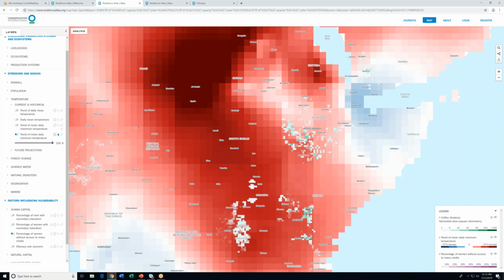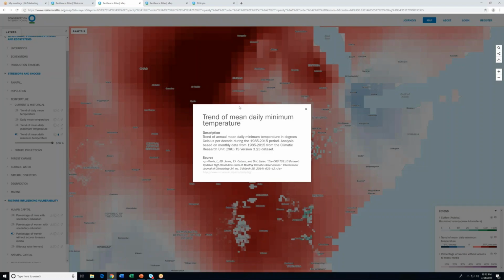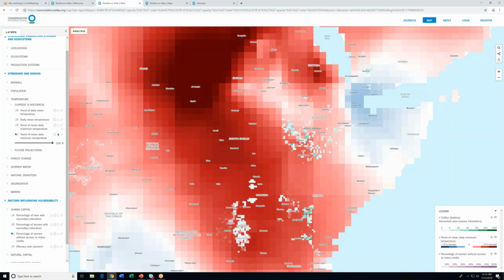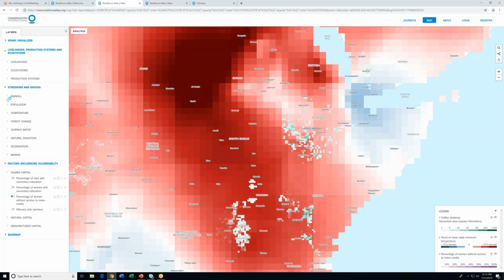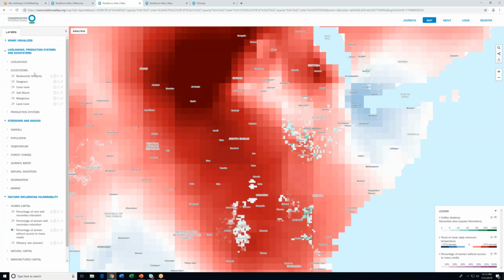You can also look at the information for every layer by clicking on the eye to get the description of the data set, the source, and the link to that data set. So it's a really good way for CI to also showcase some of the data sets and products that we produce. We have one from biodiversity hotspots.